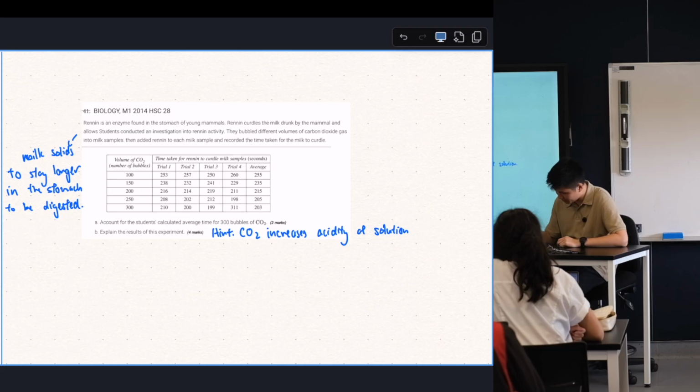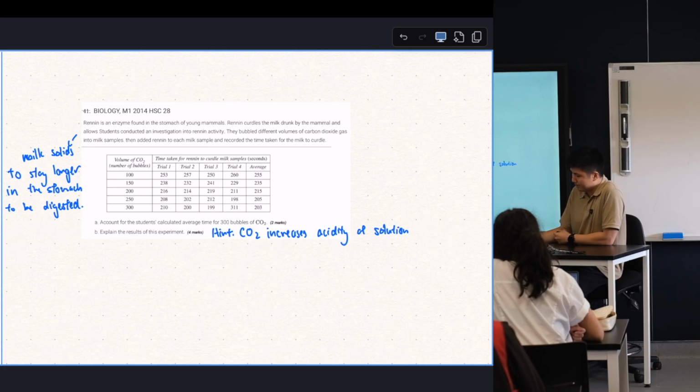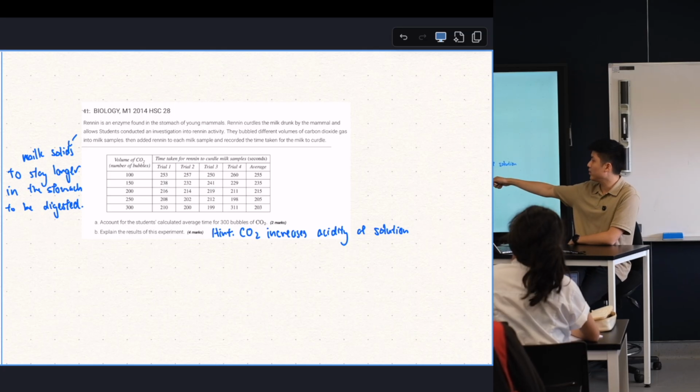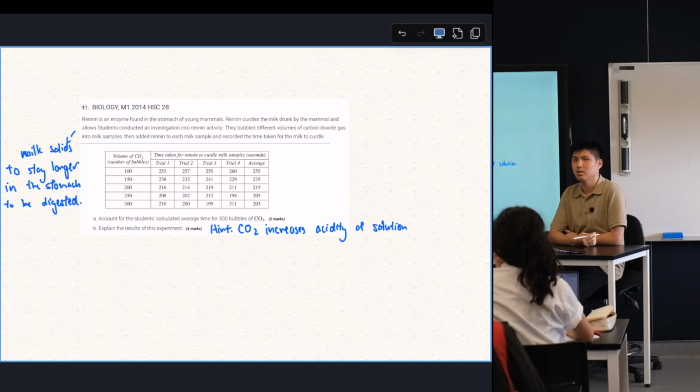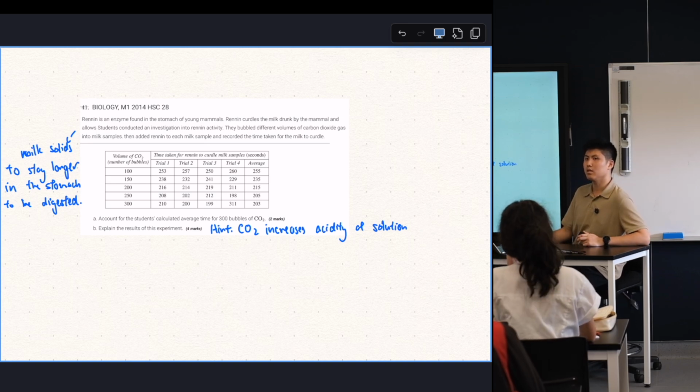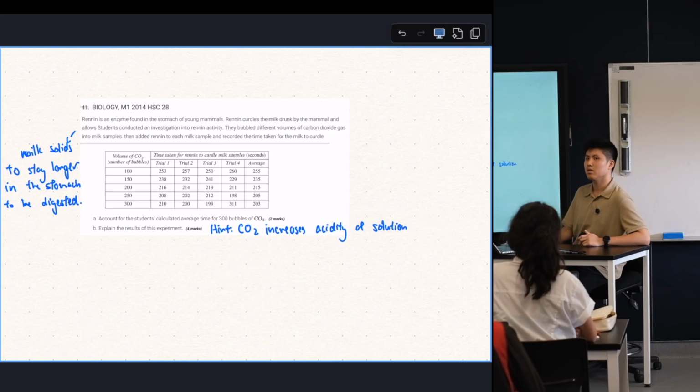So firstly, we're going to look at our data. Can someone tell me what's going on with the data in the last column? Yes, Aiden? Like the average isn't correct and 12 wasn't an outlier.